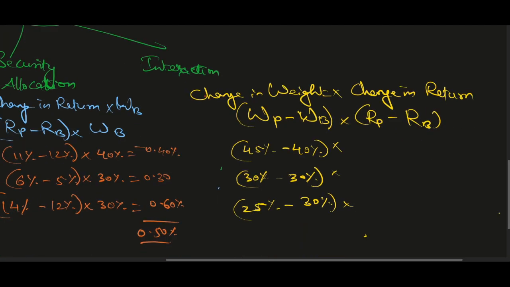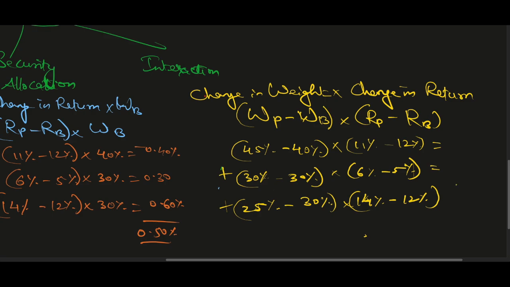Okay, so this is 11% minus 12%, 6% minus 5%, then 14% minus 12%. So this comes to, I need to add all this.